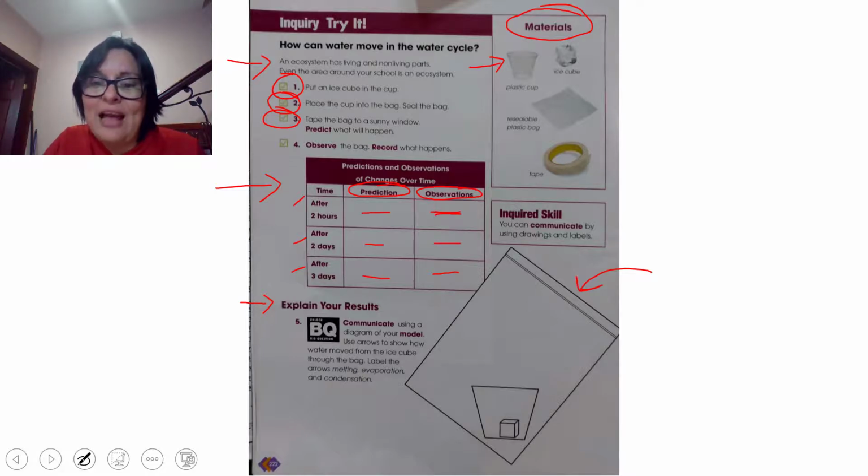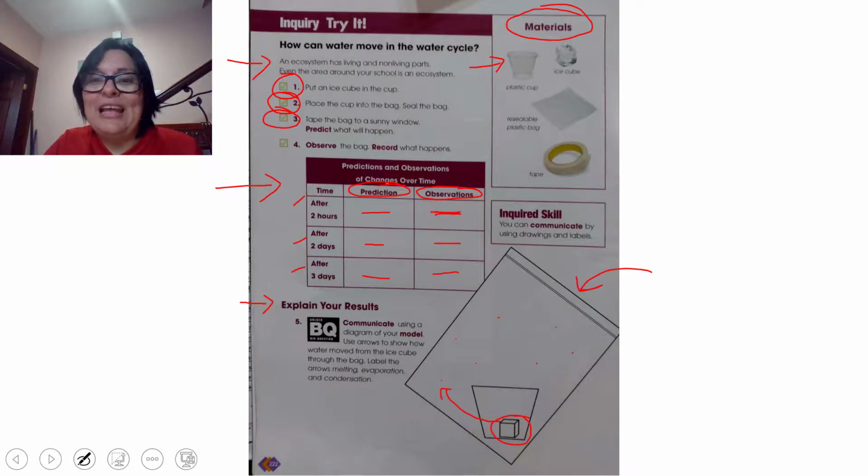So do you think at the end of the 3 days, this ice is going to be there? I don't know. So that is what you have to tell me. If the water is over here or by here, so you have to draw arrows and you have to tell me what happened. If it was melting or evaporation or condensation, okay?